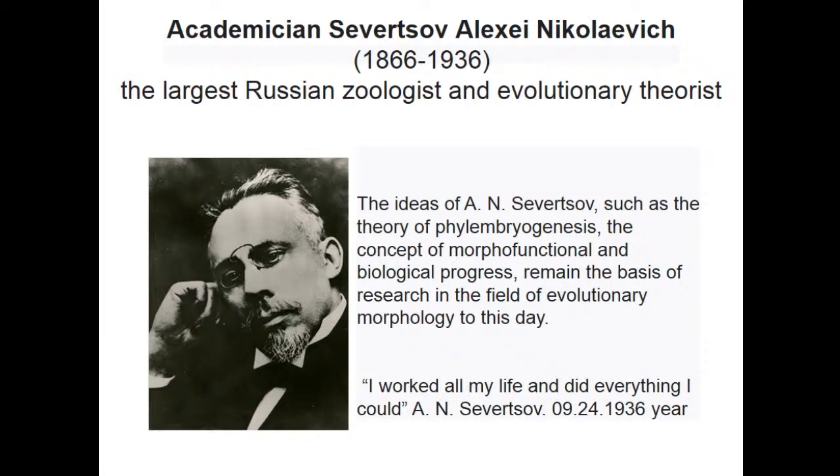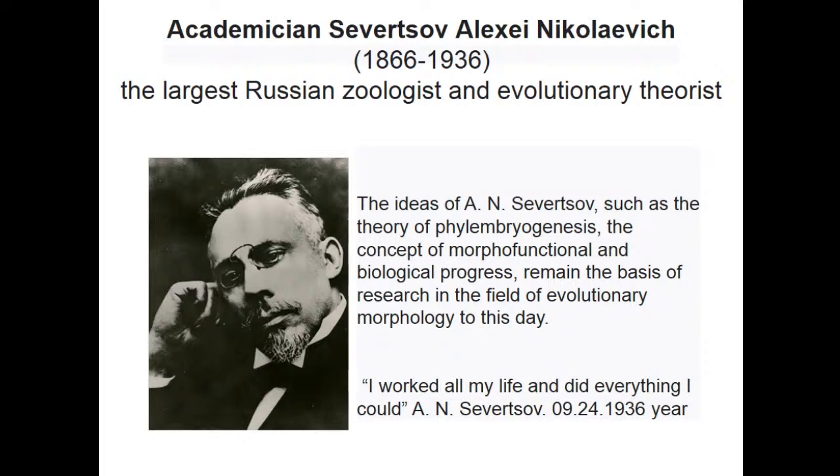So, all this evidence we need to know to understand what happens at every time in ontogenesis. And this theory was developed by the Russian zoologist and evolutionary theorist Alexei Nikolaevich Severtsov.